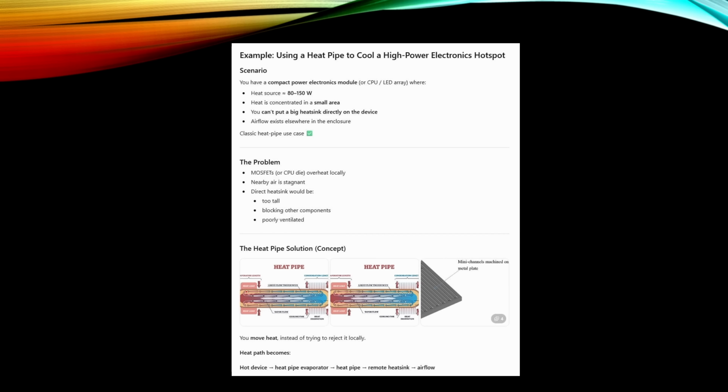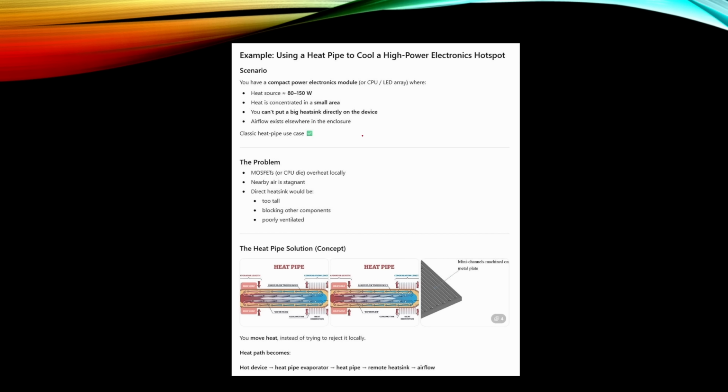It means that in this hot location the liquid inside the heat pipe is vaporized, and in this other end where we are removing heat to the environment, the vapor is condensed inside the heat pipe.